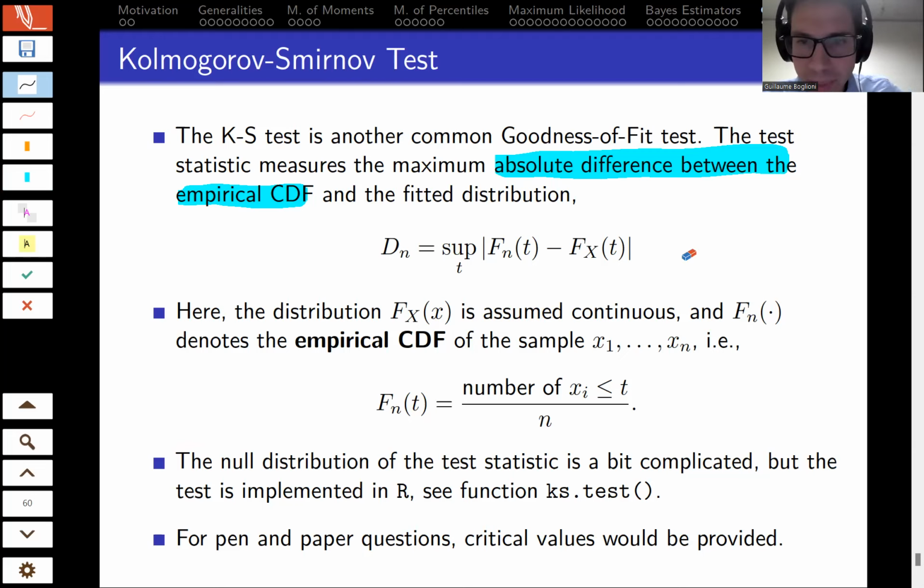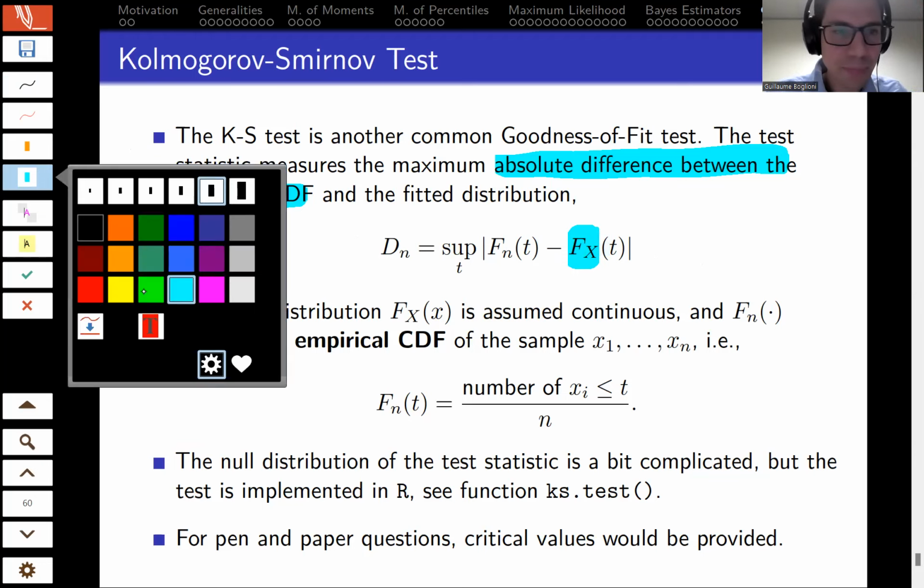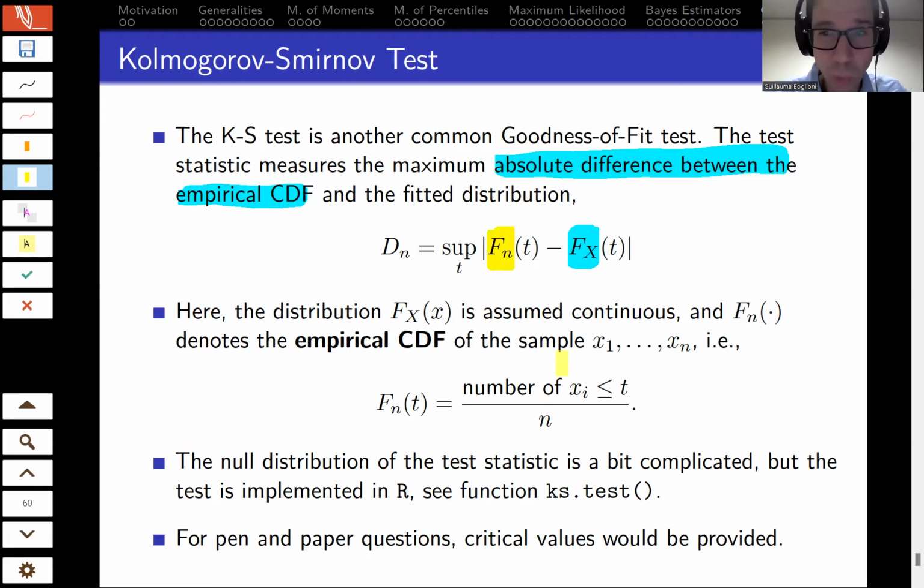Now, let's explain a bit. Let's start with maybe the easiest: F(x) is, as before, the distribution you've picked to do your fitting, what you think the distribution is. Then Fn is the empirical cumulative distribution function of your data.